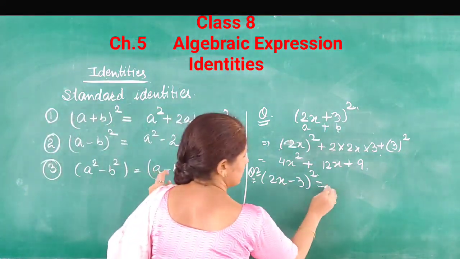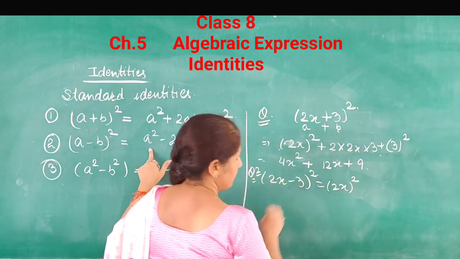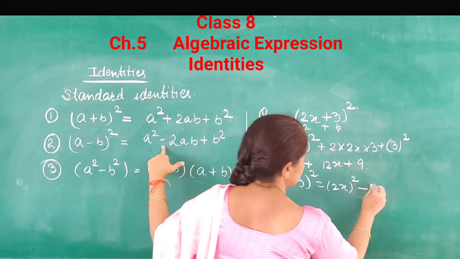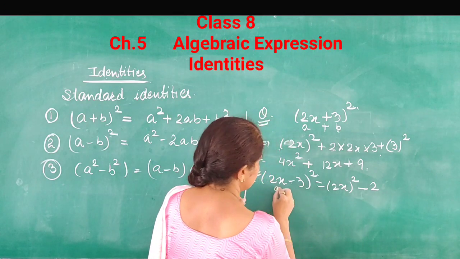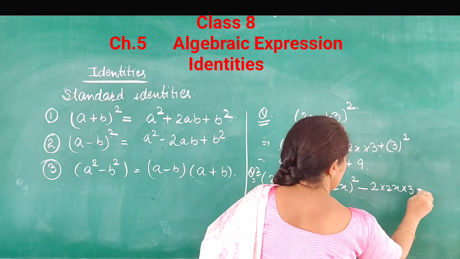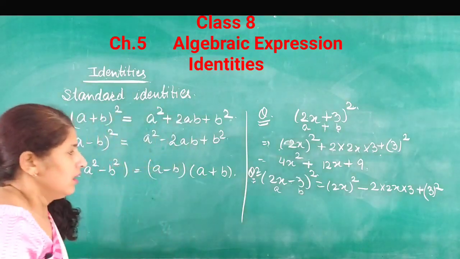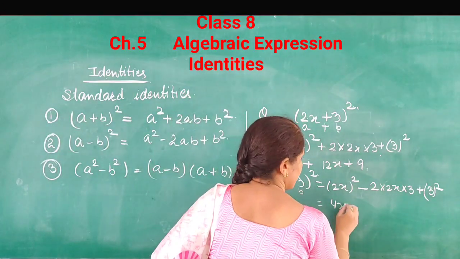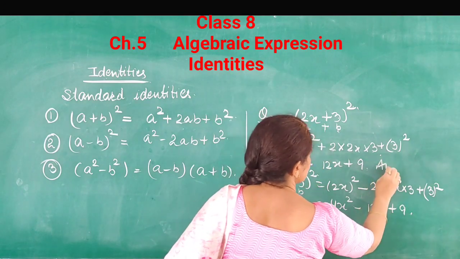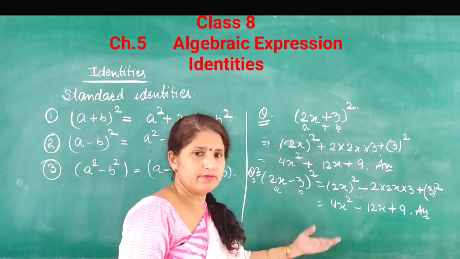Just see, a square means 2x whole square, minus, in my identity also there is minus, 2 into a into b, a is 2x, b is 3, so 2 into 2x into 3, and then plus 3 square. Now this is 4x square minus 12x plus 9. That's your answer. Within one step we will get the answer.